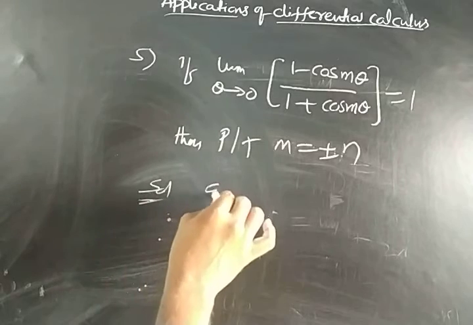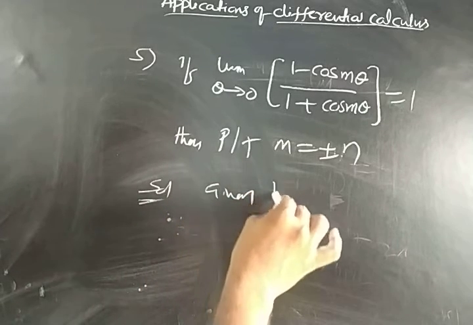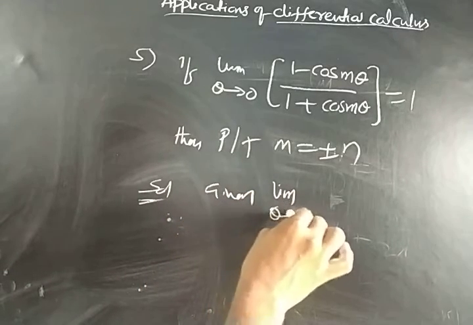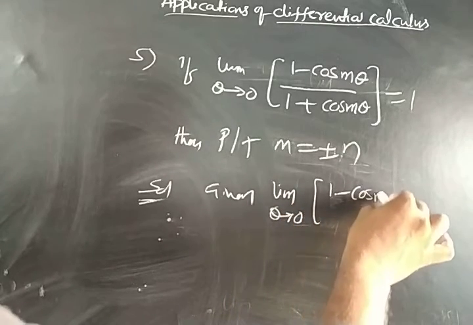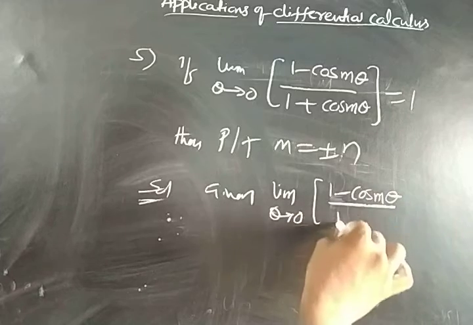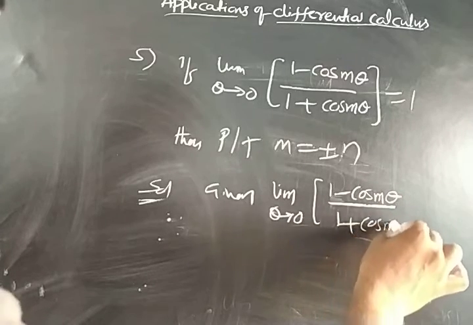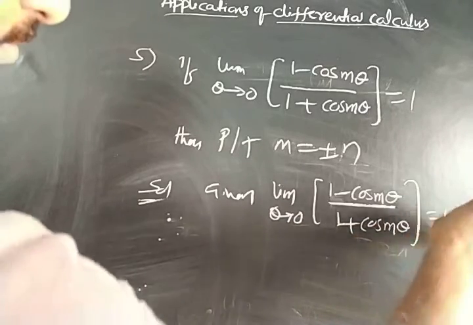Solution: I am using the given information. Limit theta tends to 0 of (1 minus cos m theta) by (1 minus cos n theta) is equal to 1.